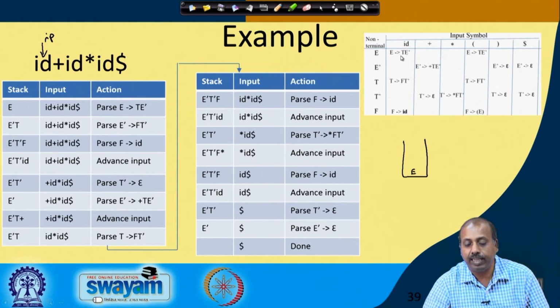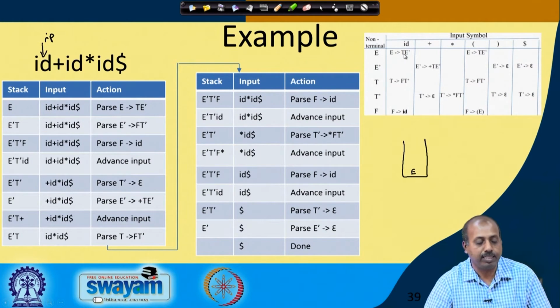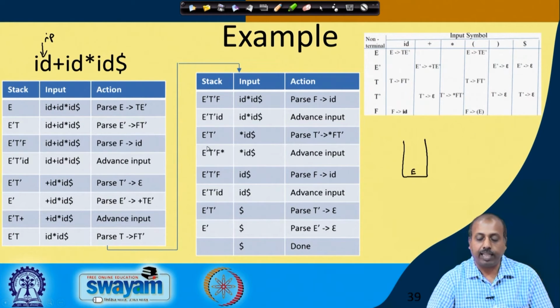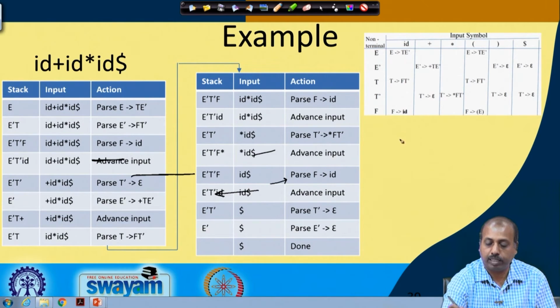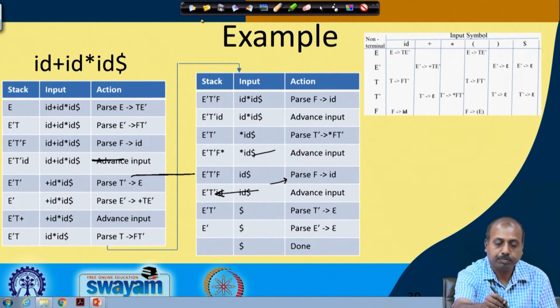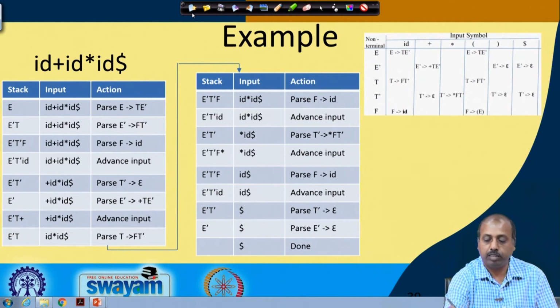M[E,id] is E producing T E dash. So, what will happen? The action is we have to pop out this E from the stack. So, the stack had E, and this E is taken out of the stack.